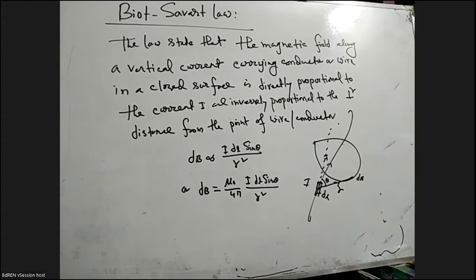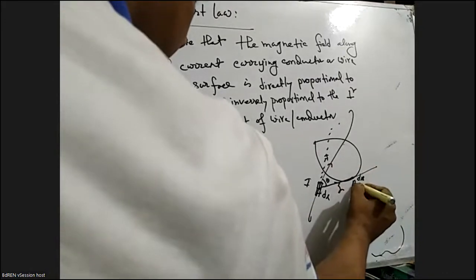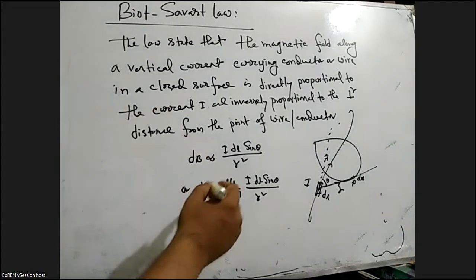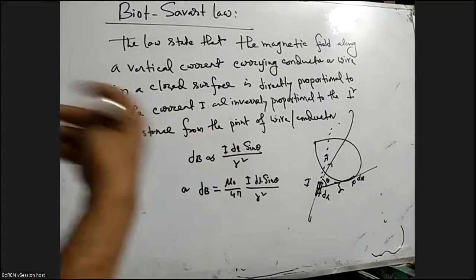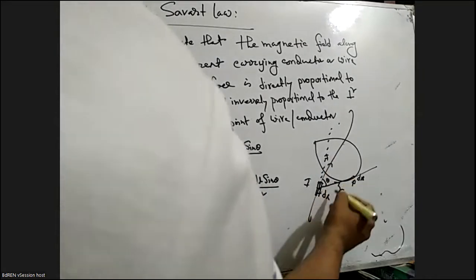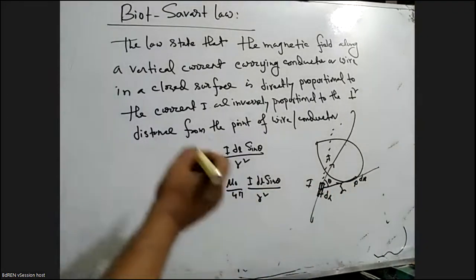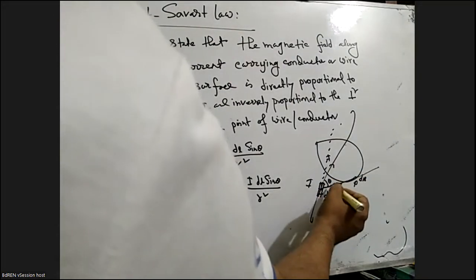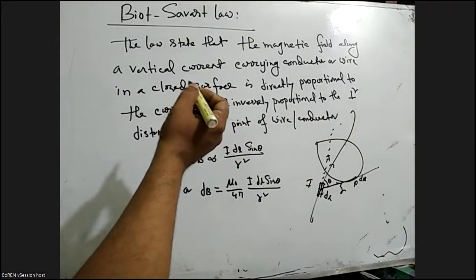Thus, if dl be a line element of a conductor carrying the current I, then at any point P, dB is the magnetic field, and its magnitude is given by this formula, where r is the position vector from the element dl to P. This is the magnitude r, and theta is the angle between r and dl.